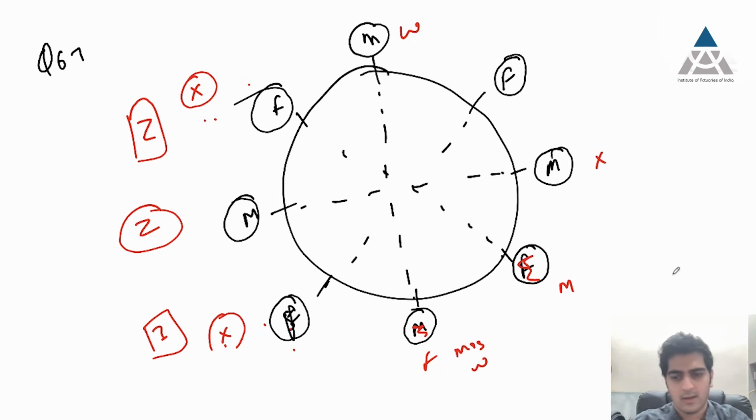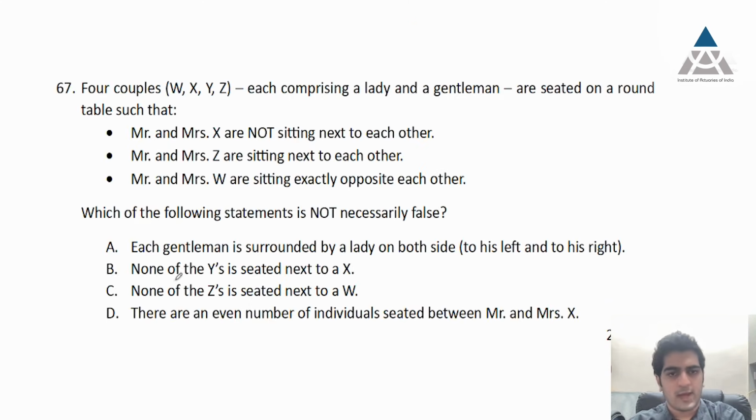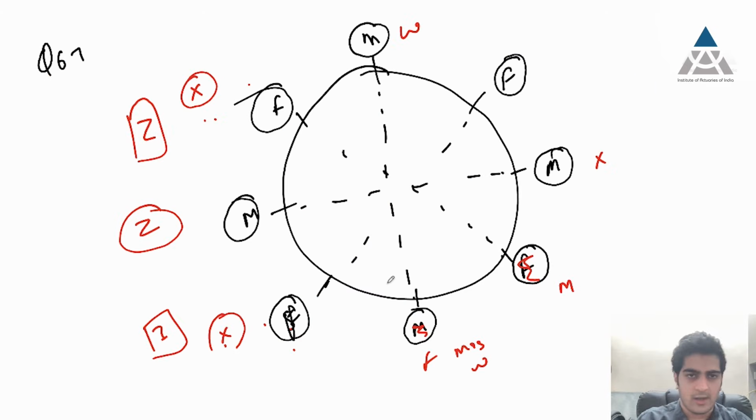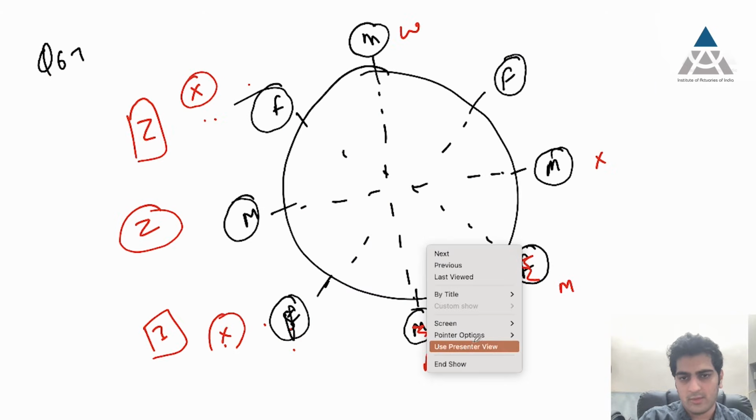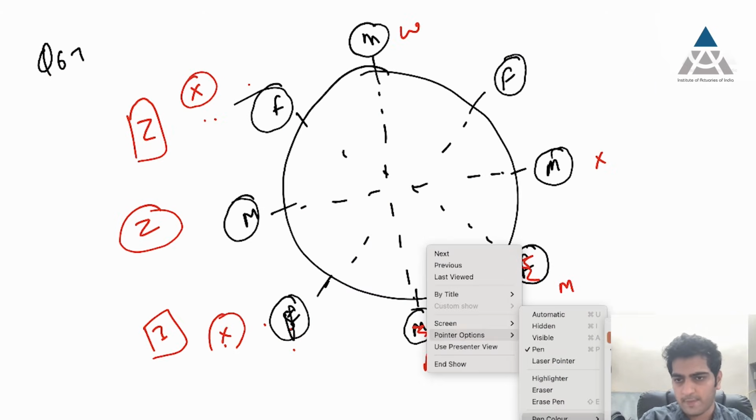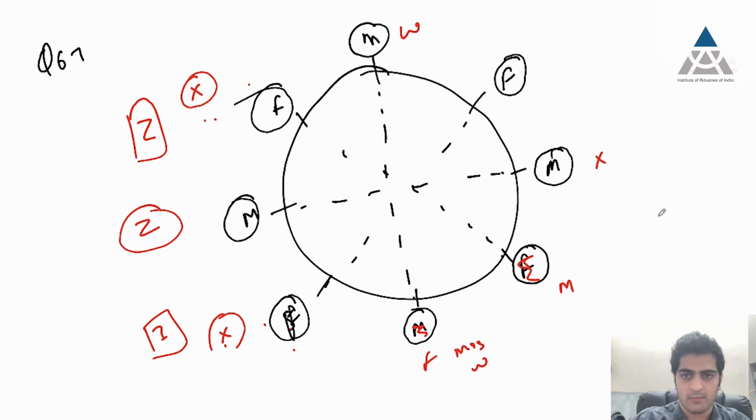Okay. But now what are we told about Y? That none of the Y's is seated next to an X. Now this, I don't think this is possible, and you can check this also. Why? Because here, what are the positions left? If this is the sequence that Mr. X is here, Mrs. X is here, okay, this is Mrs. X, this is Mr. X, this is Mr. Z, this is Mrs. Z. Where would Y sit?